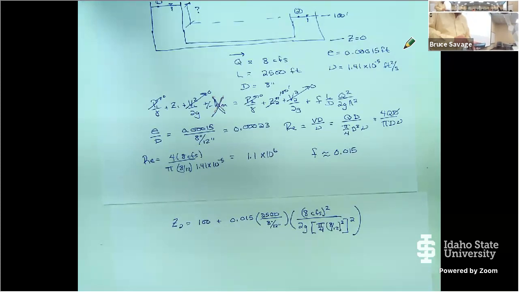Well, that doesn't seem right. Oh, I'm trying to push 8 cubic feet per second through an 8-inch pipe. Okay, let me verify my numbers here. Because, yeah, that probably is correct.